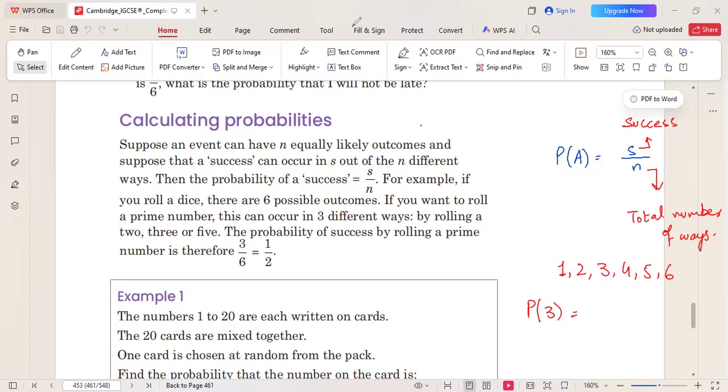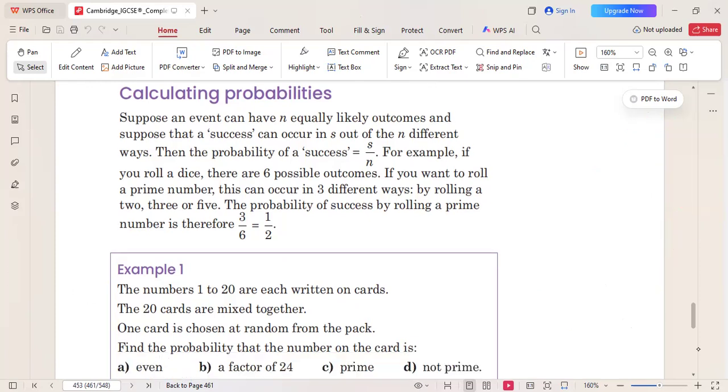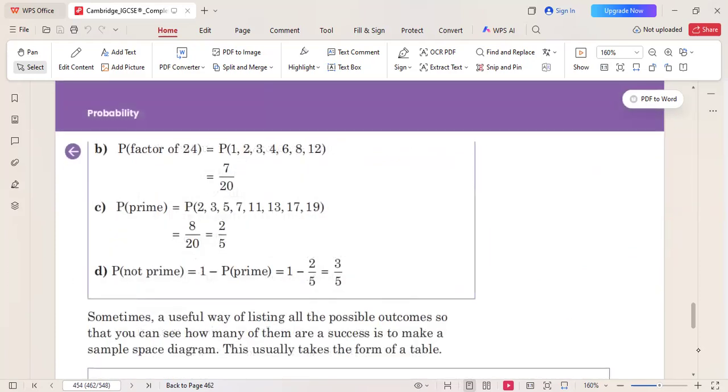How many times do we have a 3? Only one time, out of a total of 6 possible events. So the number of favorable outcomes you write above, and the total number of outcomes or total number of ways you write underneath. Using this we are going to calculate the probability.